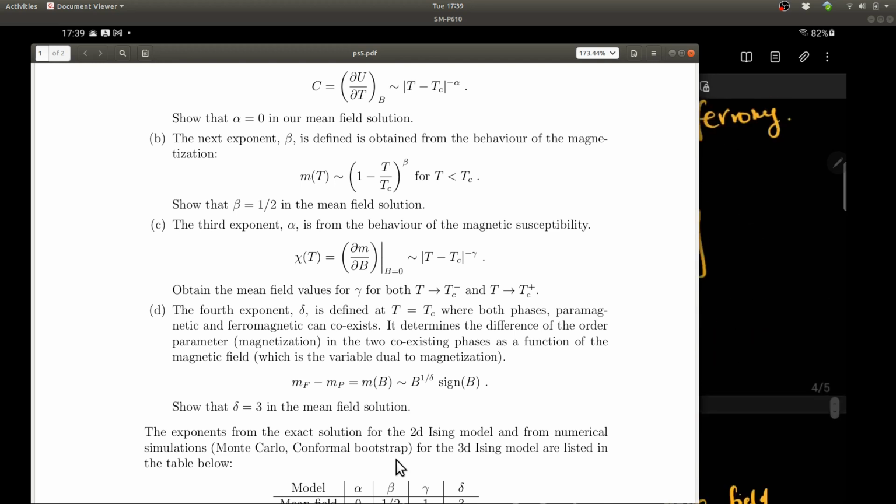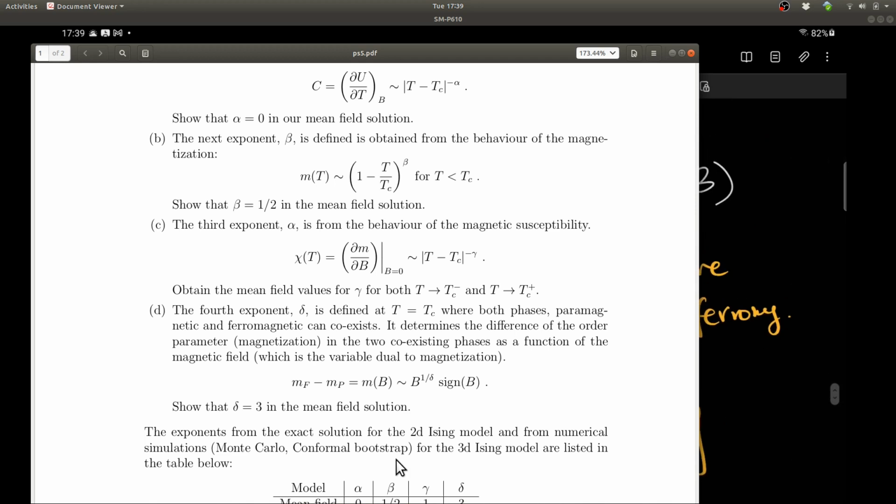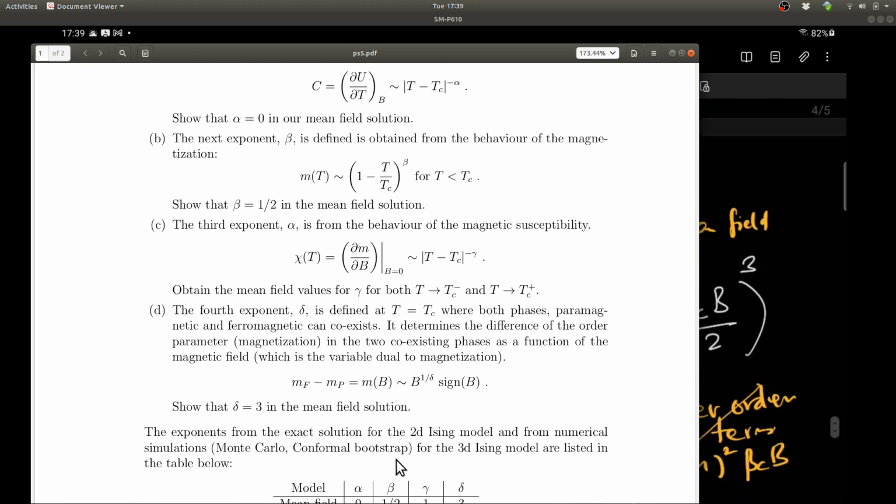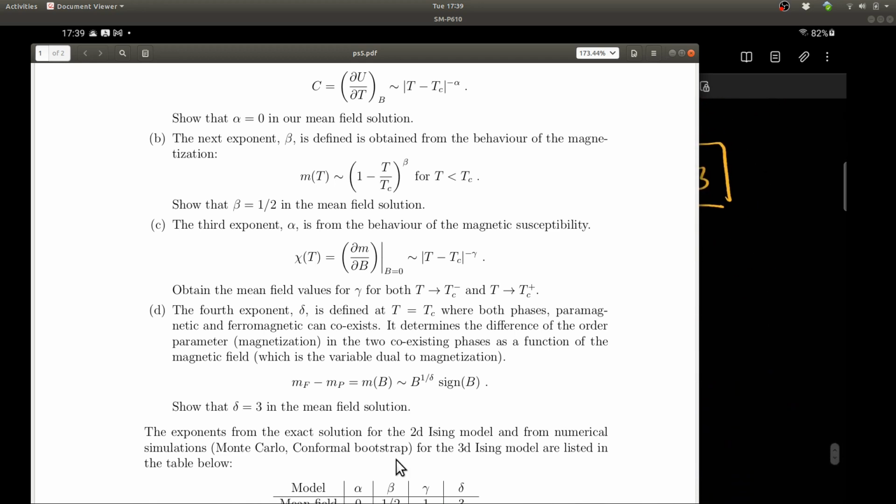Again, you have to go back to the definition, and the definition goes like 1 by delta. Is this clear? So we got all the exponents, and that was the table which I showed you.